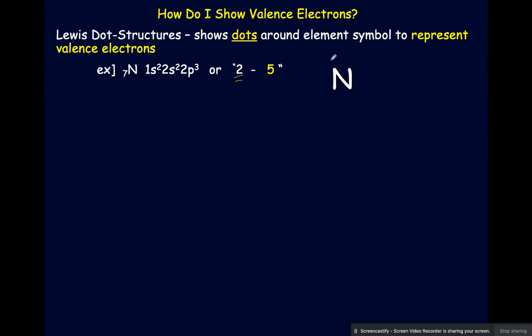I'm going to start at the side and rotate around: 1, 2, 3, 4, and then double up at 5. So the Lewis dot structure of nitrogen would have these 5 dots around the element.